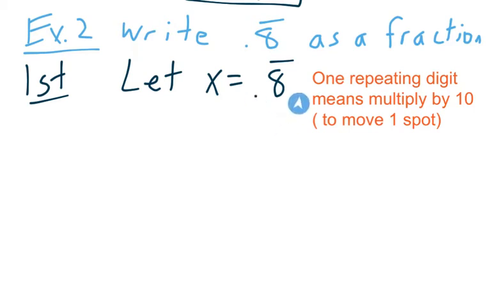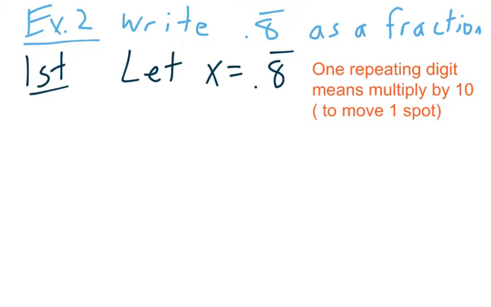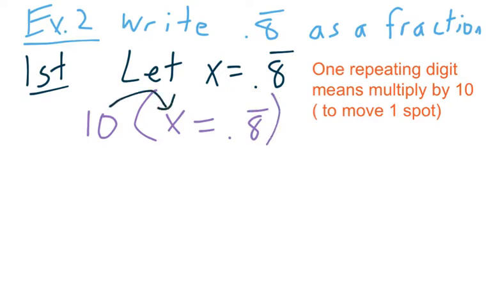And now let's do that with the whole equation. So 10 times the x equals 0.8 repeating, and we're distributing that 10 to both numbers there. 10 times x is 10x, which equals 10 times that. Remember, if we just move it over one spot, it would be 8.8, still repeating.